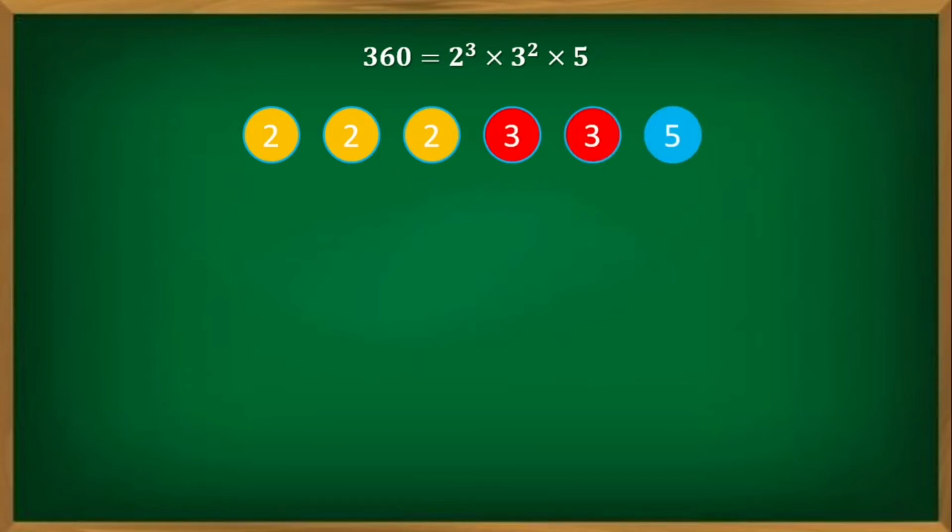Now suppose that these are 3 identical yellow balls. Here we have 2 identical red balls, and at the end one blue ball. So instead of saying 2 2 2, and 3 3, and 5, instead of saying it in terms of numbers, say it in terms of balls.